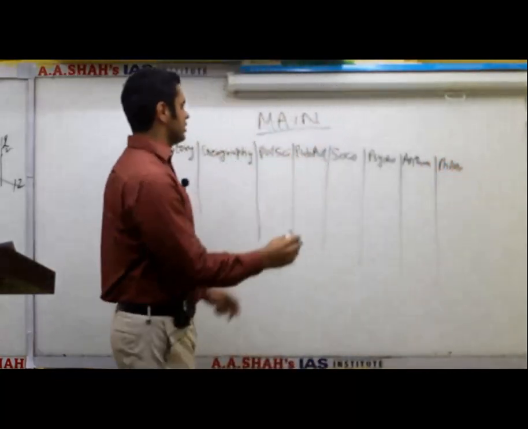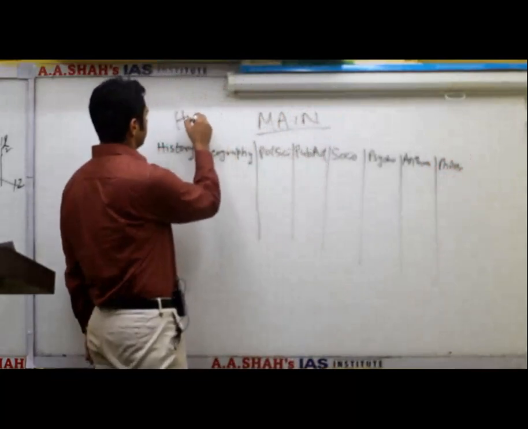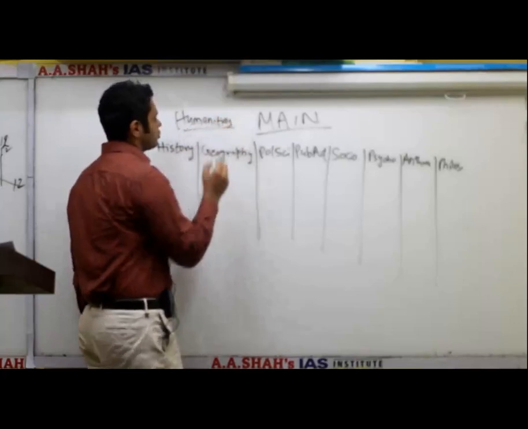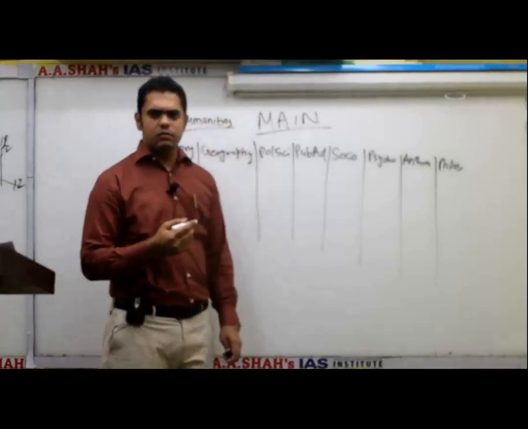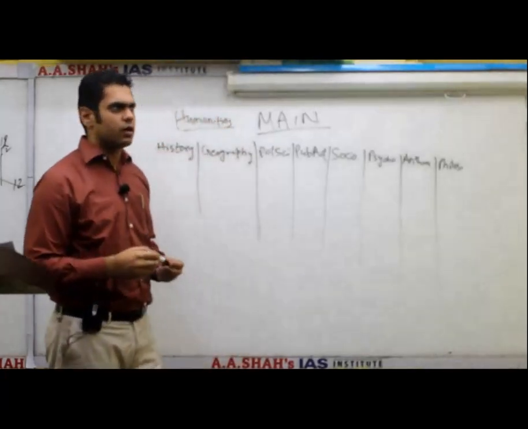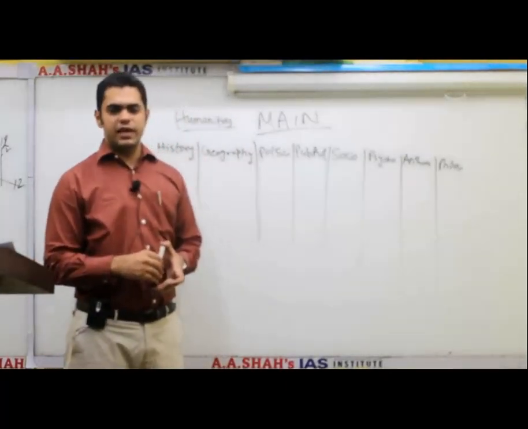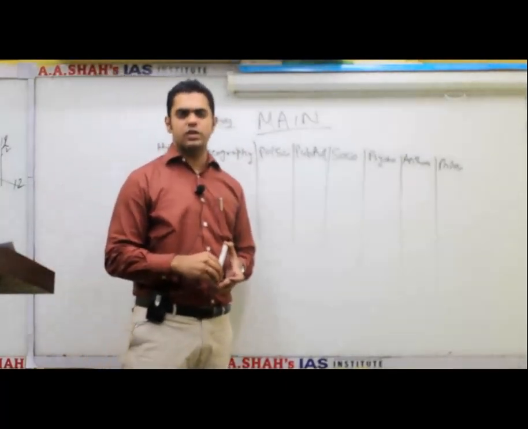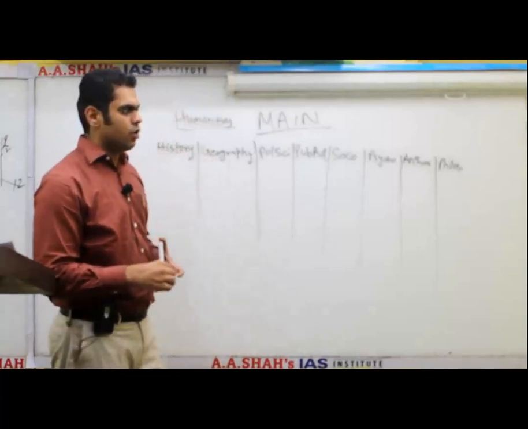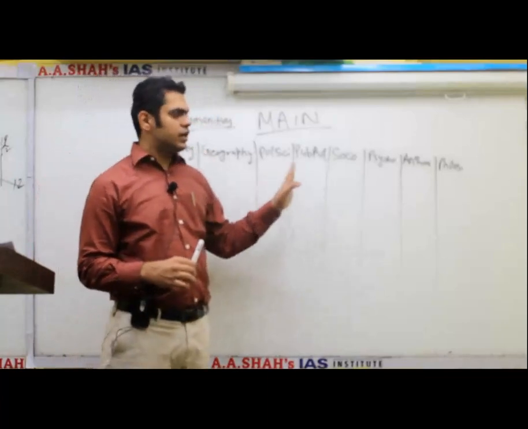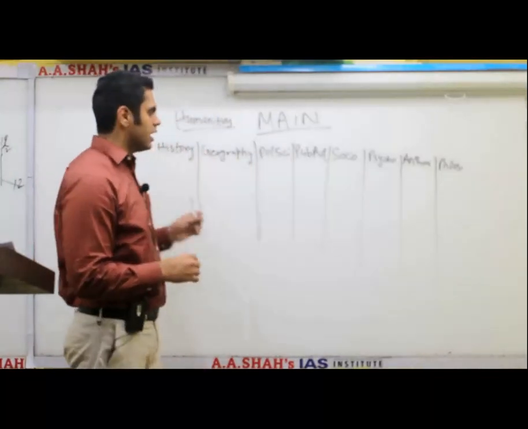Now these are optionals related to humanities. So any student can take these optionals. Whether you are an engineer, a doctor, a chartered accountant, a BA, BSc, BCom, a commerce graduate, a science graduate, or an arts graduate, any one of you can take any one of these 8 optionals.